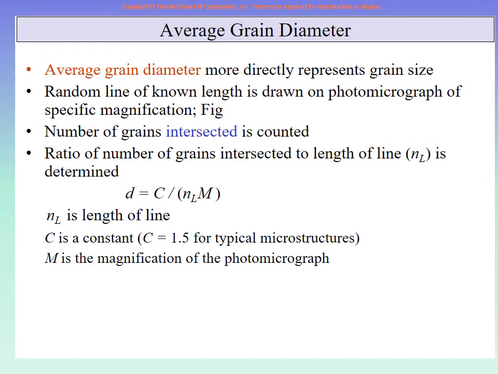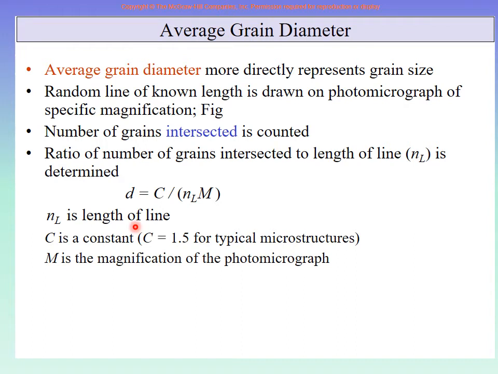For that, we have one equation. This D is a number that we want to find out, and D is C divided by N_L M. So N_L is the length of line.